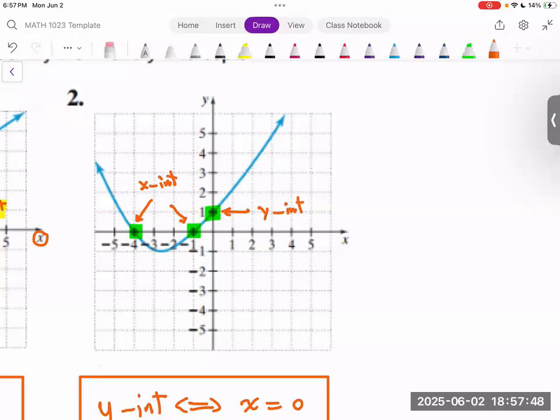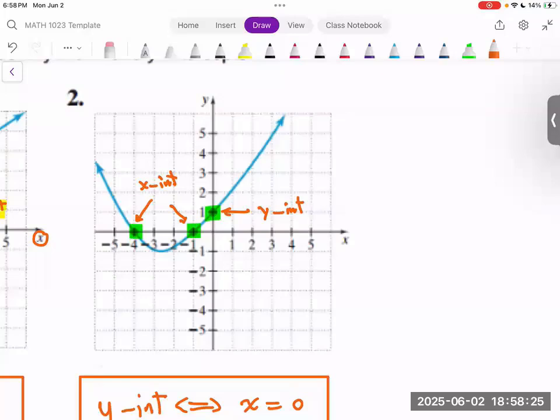By the way, let me stress one thing. Can you have 2 x-intercepts in a function? If the graph represents a function, can you have 2 x-intercepts? I mean, is this a function or not? Maybe you don't know. How do you know if it's a function or not?